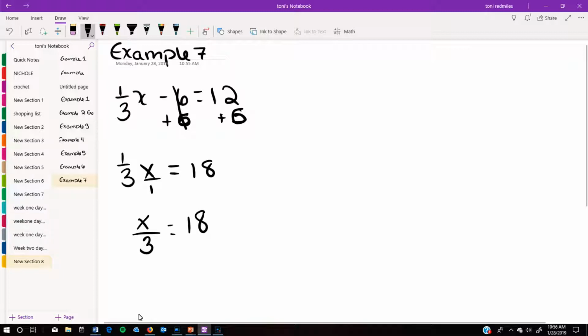Okay, so now I look and I have division. So the opposite of division is multiplication, so I have to multiply both sides by a 3. All right, this is going to give me my 1. Over here, I'm going to get a 54. Okay, so my answer is 54. Let's do a check.